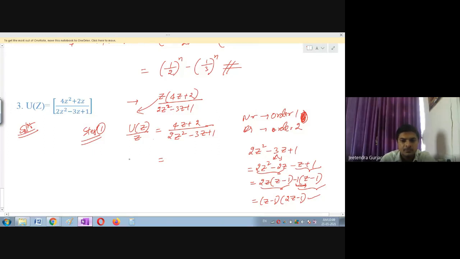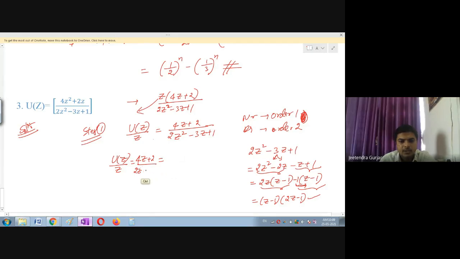Yes, friends. Now I will write this term. U of z upon z is equal to, here again you can take out 2 common, no problem, otherwise you keep it as it is. So I will take this as 4z plus 2 divided by 2z squared minus 3z plus 1.